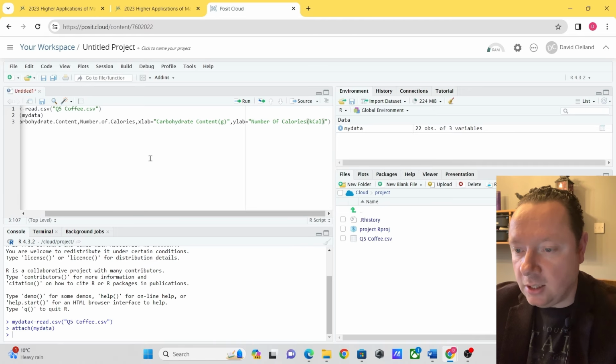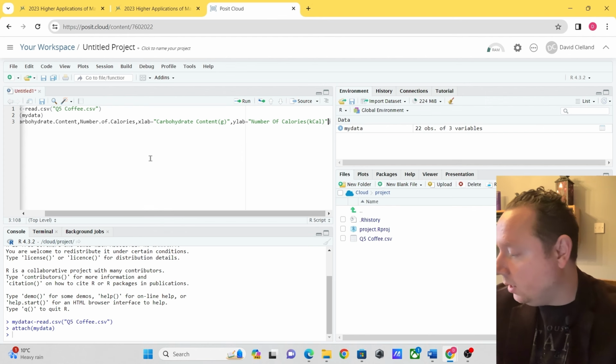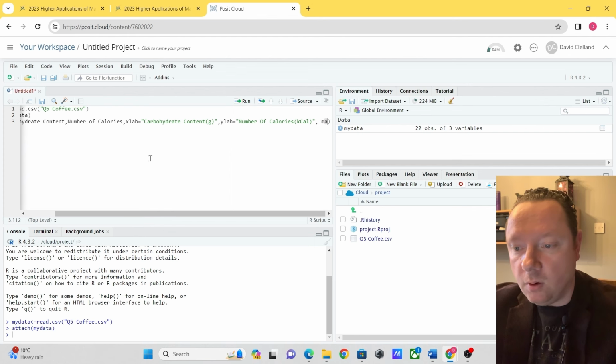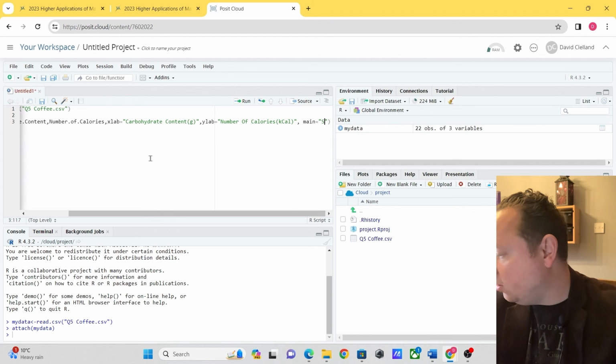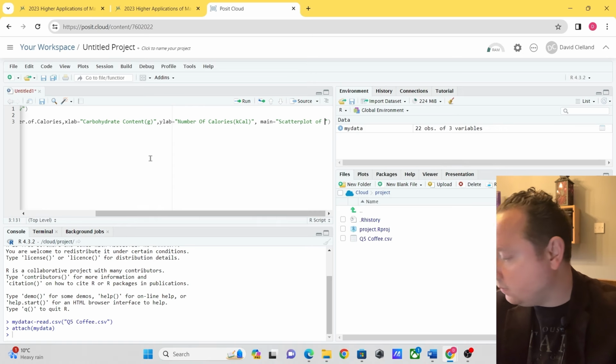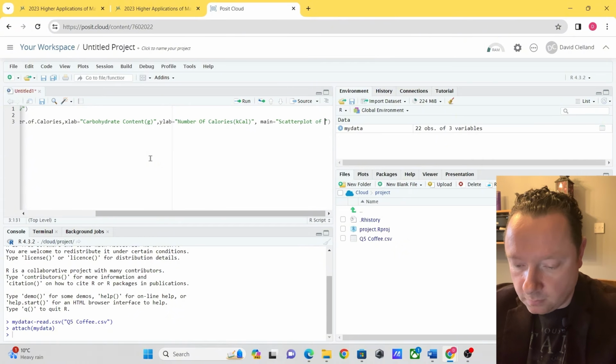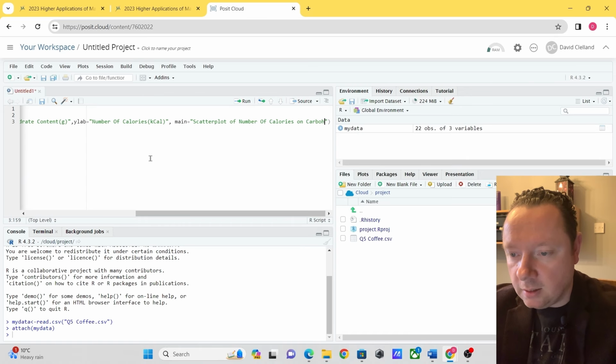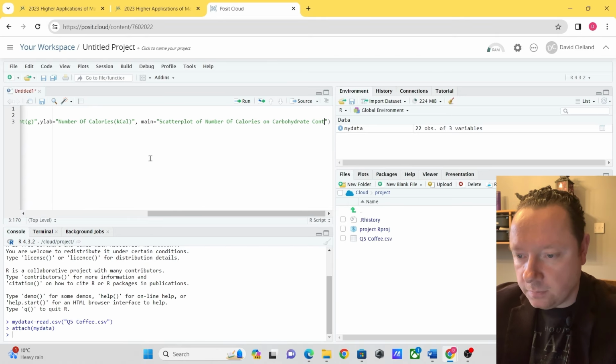Okay, the next stage is to get our title. So to get our title, we put comma, space main equals scatter plot of number of calories on carbohydrate content.